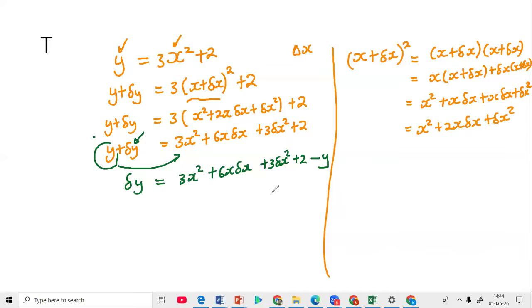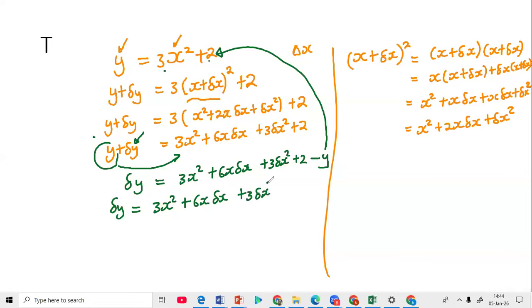Now, once you reach at this point, you substitute what is my y? That my y from here, your y was 3x squared plus 2. So that means I'll have delta y is equal to 3x squared plus 6x delta x plus 3 delta x squared plus 2 minus y.